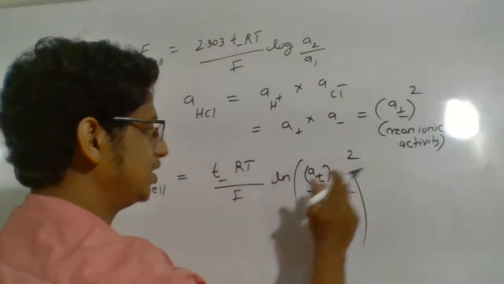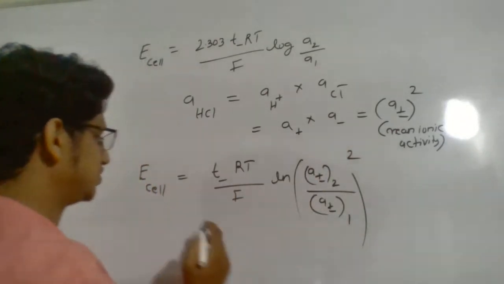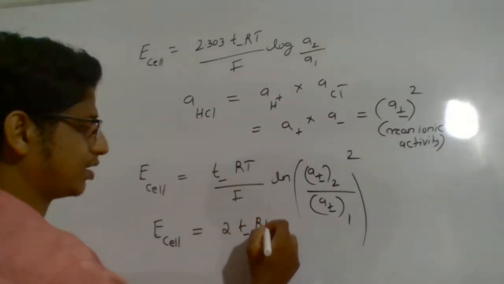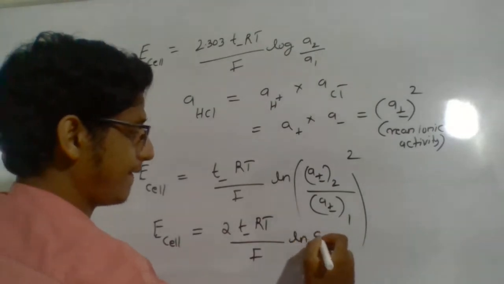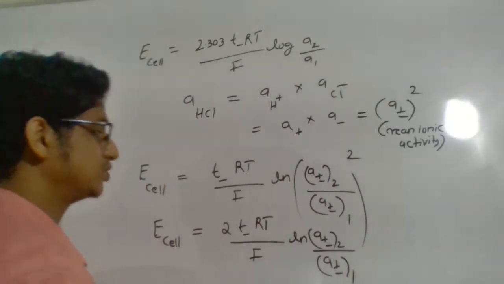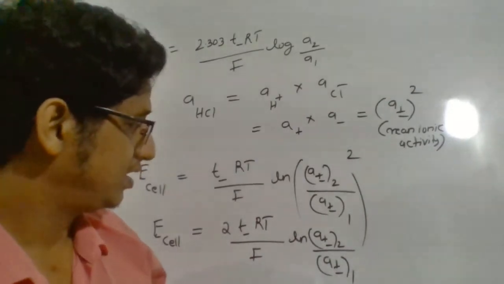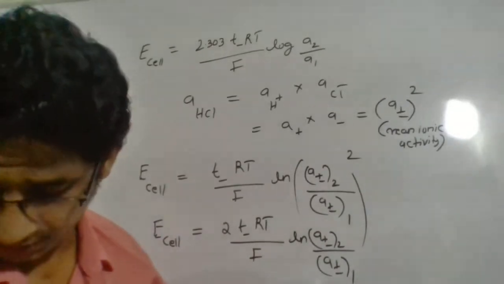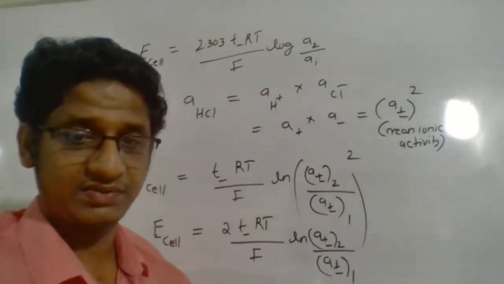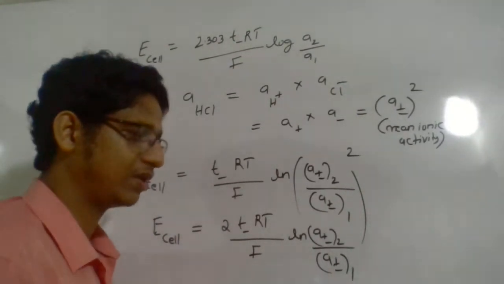So the 2 will come out of the ln part, and you will get E cell equal to 2 t minus RT by F ln a plus or minus 2 divided by a plus or minus 1, where a plus or minus is the mean ionic activity and t minus is the transport number of the anion.